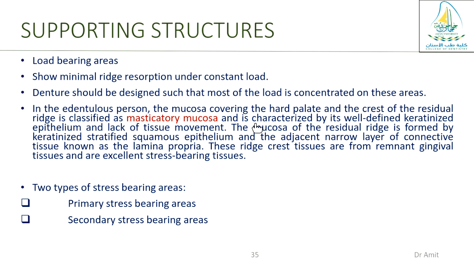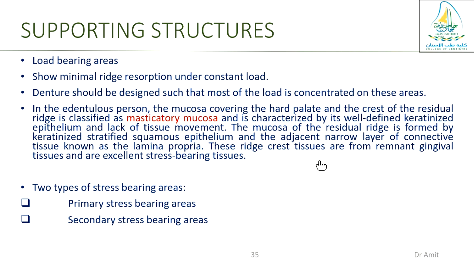So we have to fabricate our denture in such a way that we focus our force only on these areas. Okay, now these areas are also defined by the masticatory mucosa. It is characterized by well defined keratinized epithelium and lack of tissue movement. So there is no movement, and it is bounded by the masticatory mucosa.